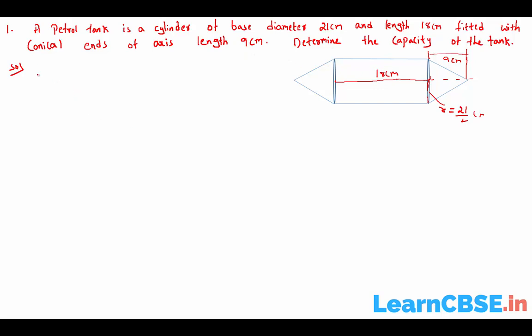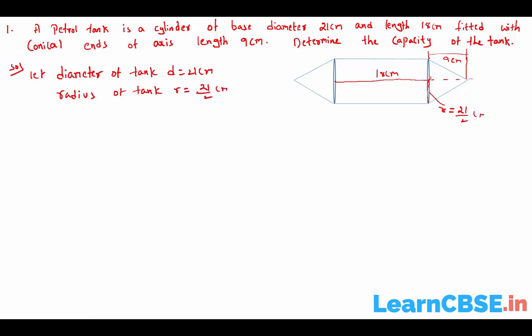Now let the diameter of the tank D equal 21 centimeters, then the radius of the tank R equals 21 by 2 centimeters, half of the diameter.